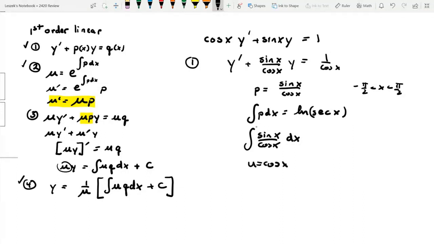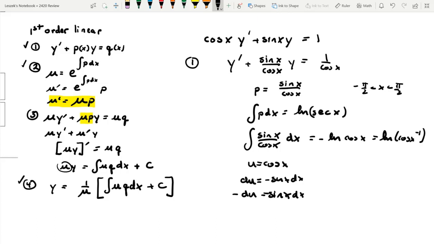U is cosine. So after you do that substitution, you get the negative of 1 over u, and that's negative log. It's a negative log of cosine. But then I just use properties of logs to bring the power of negative 1 inside, which gives you the reciprocal of cosine, so that's log of secant.